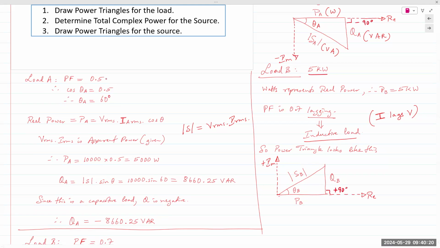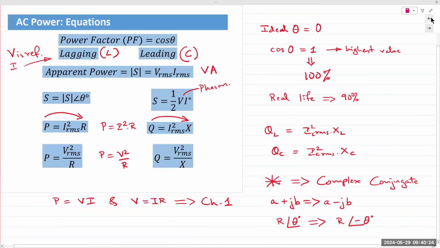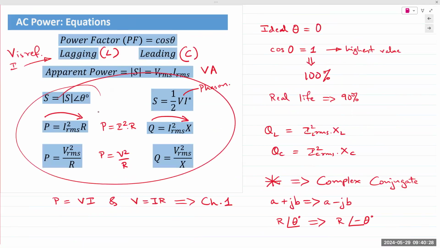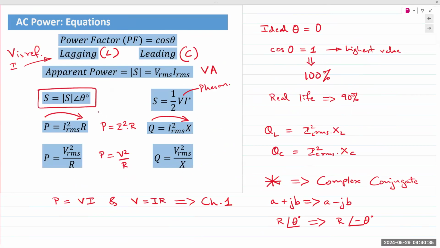which equations can we use? We have our standard set of equations. If we have theta, we can possibly use this, right? Total complex power is magnitude of S with a phase angle of theta.